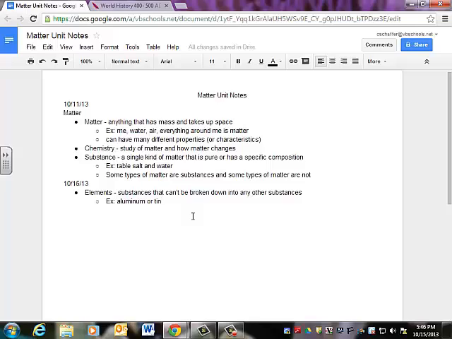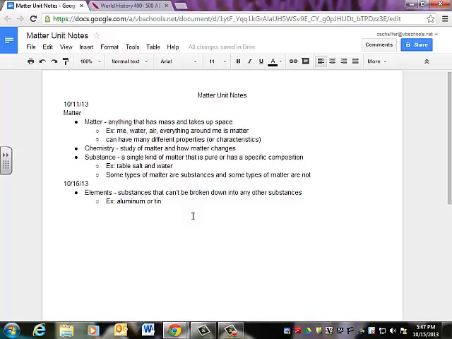Think of a gold necklace. Gold is an element. If you were to cut a gold necklace in half over and over and over again, the basic piece that we would still come down to is still gold. That's how we know that it's an element. It can't be broken down into any other substances.